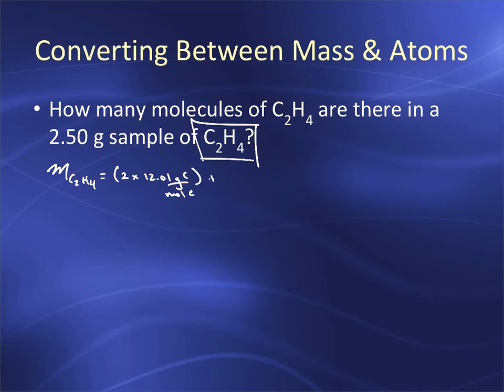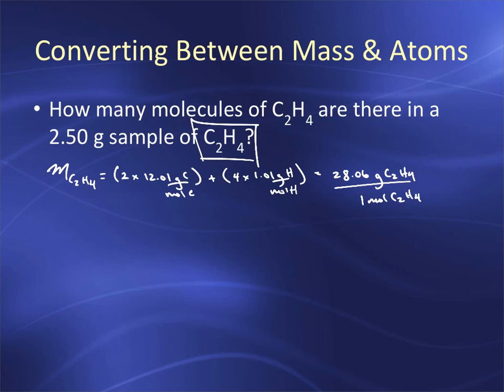Okay, plus we've got 4 hydrogens, 4 times 1.01 grams per mole for hydrogen. And when we add those together, we got, what, 24.02 plus 4.04. That's going to be 28.06 grams of C2H4 for every 1 mole of C2H4.